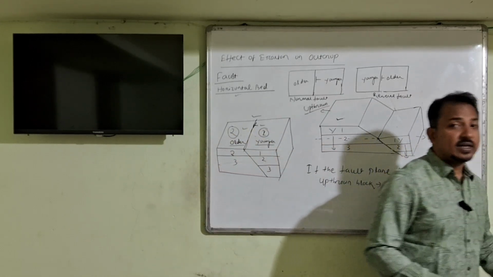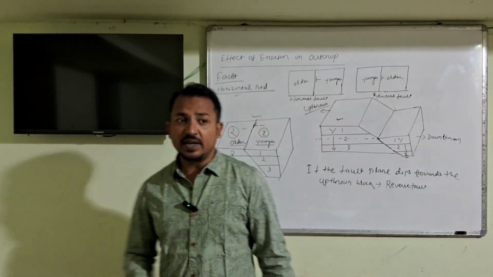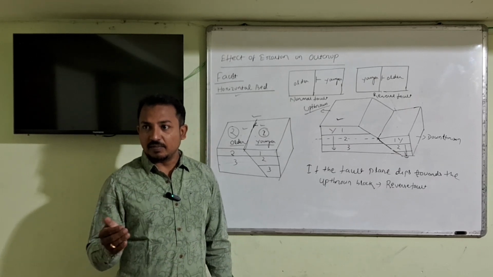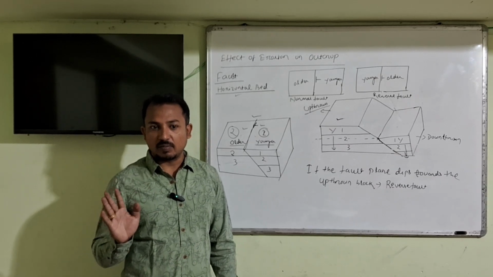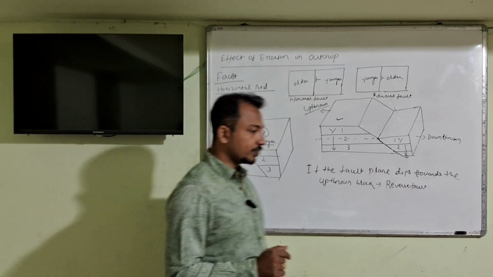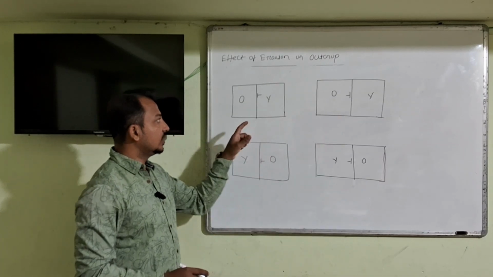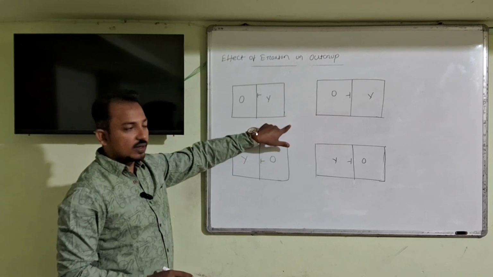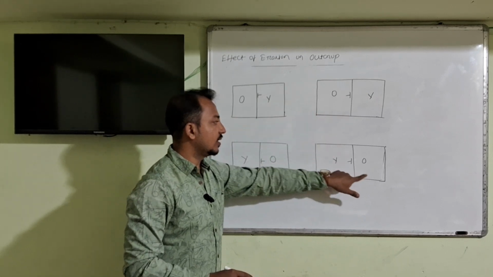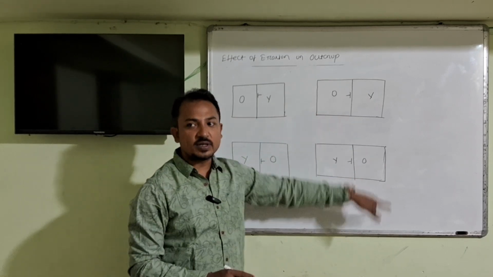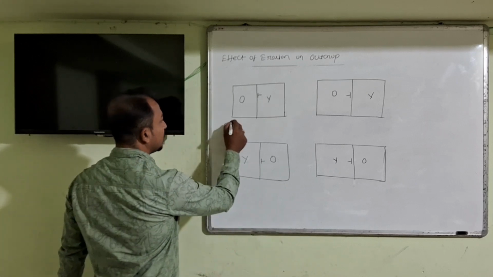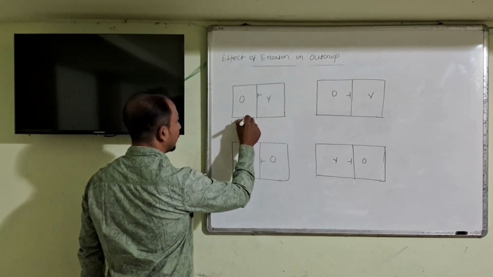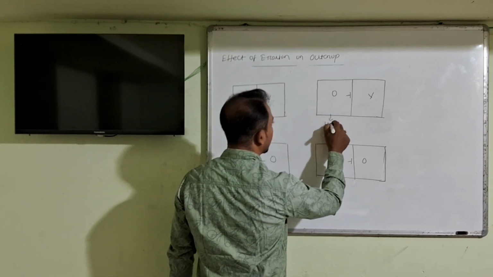So how will you know which one is up-thrown and which one is down-thrown? In case of a horizontal bed, the older part is the up-thrown block. Always remember, the older one is up-thrown.